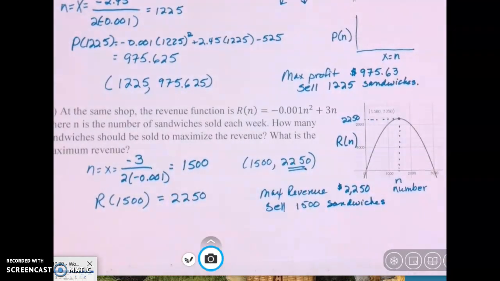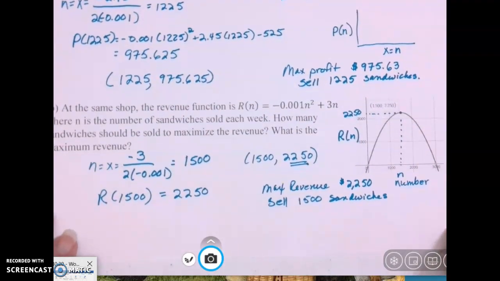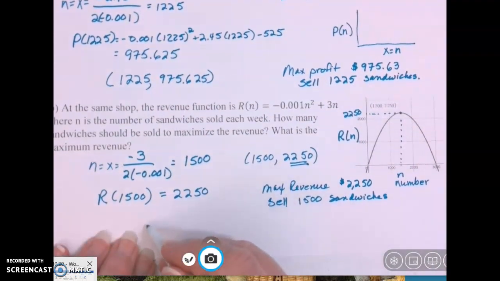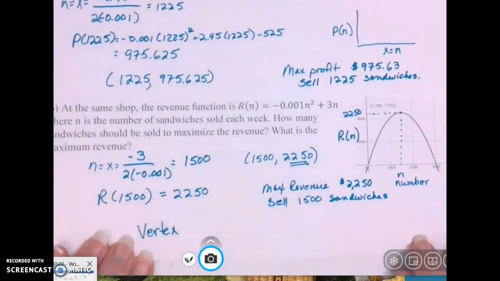So as you are reviewing for your final, make sure you spend time thinking about what the various parts of the function tell you. You've got to be able to interpret a vertex, so let's just make a general little vertex here.